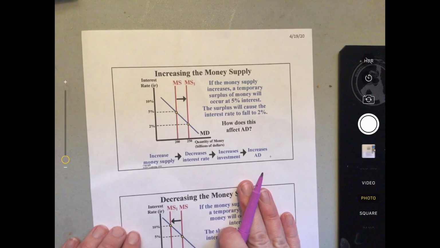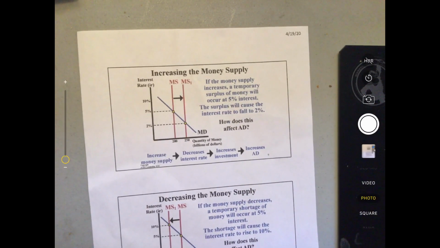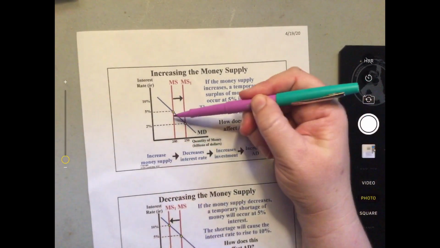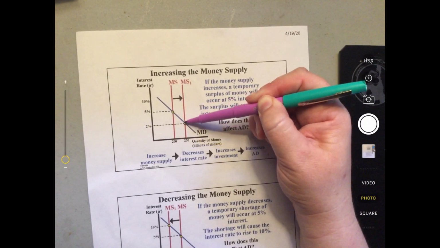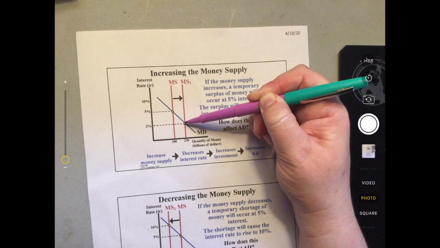Next, what if we need to increase the money supply? What if we are in a recession? Well, the Fed is going to increase the money supply. What is that going to do here? It's going to lower the interest rate. So when the Fed increased the money supply, the interest rate was lowered.